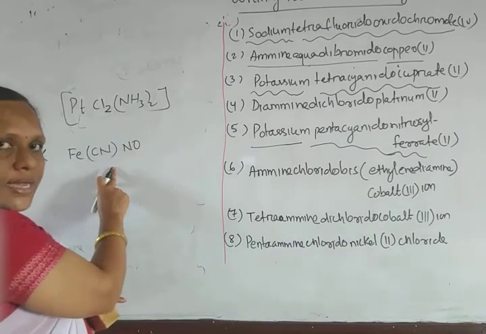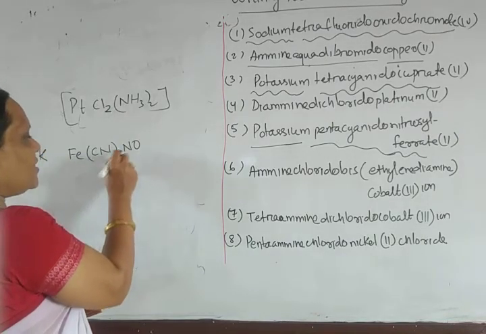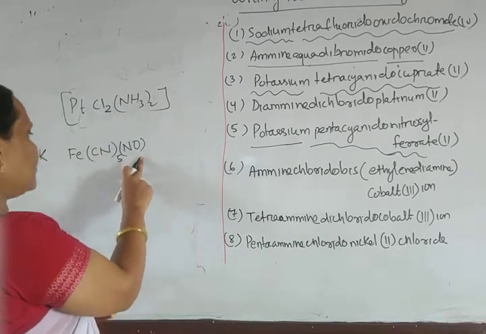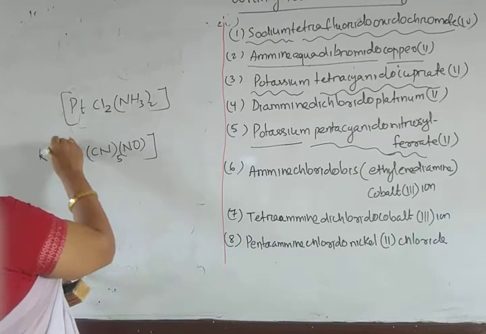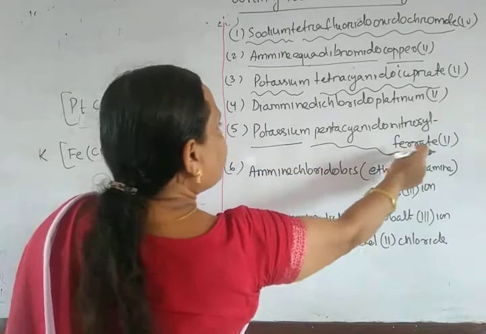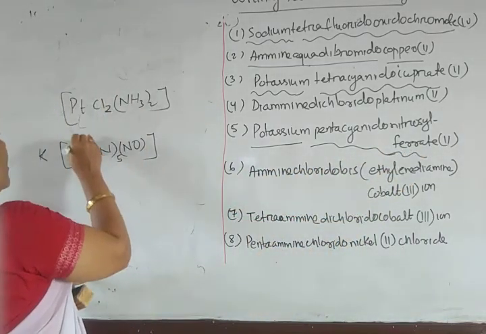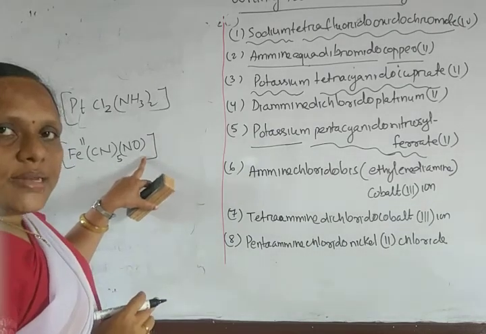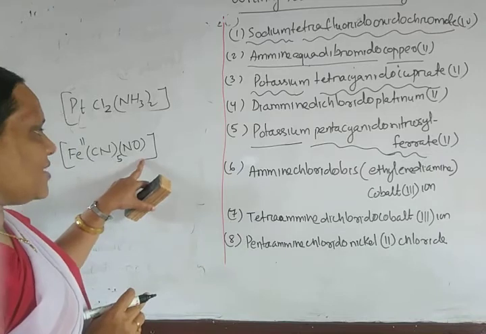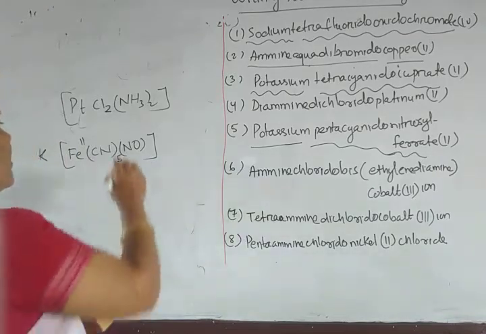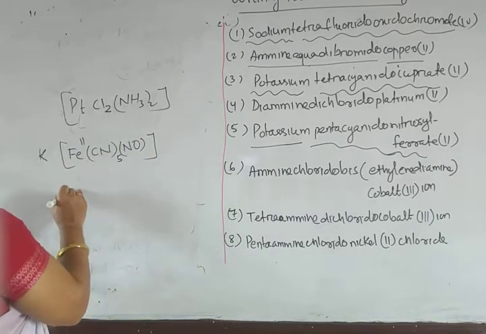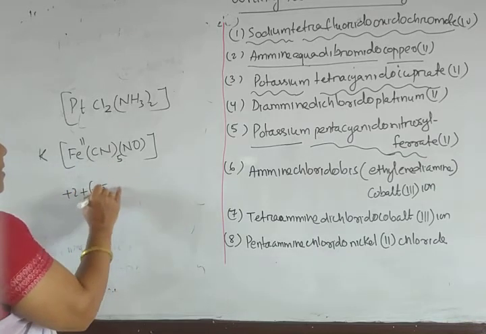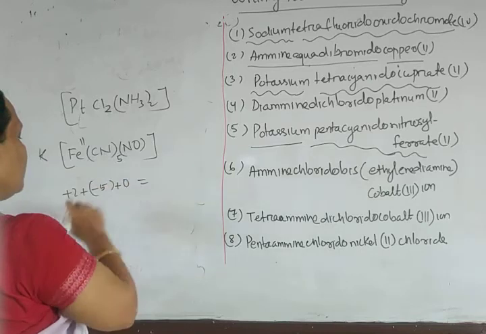Cyanide is there, as there are 5, so 5. This is a polyatomic ligand, so in parenthesis. Now, what is the charge? The charge of iron is given as 2. Nitrosyl is a neutral ligand, so it has charge 0. So 2 plus 5 into -1, that is -5, plus 0, equal to -3.